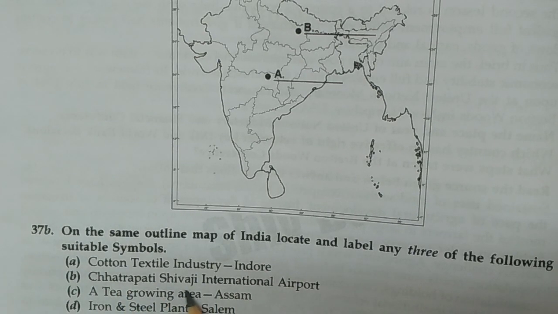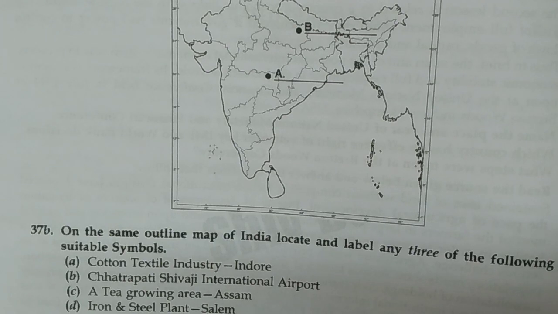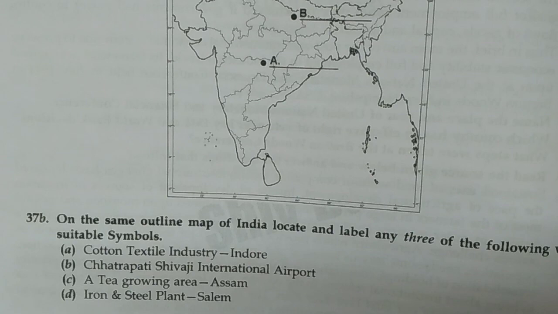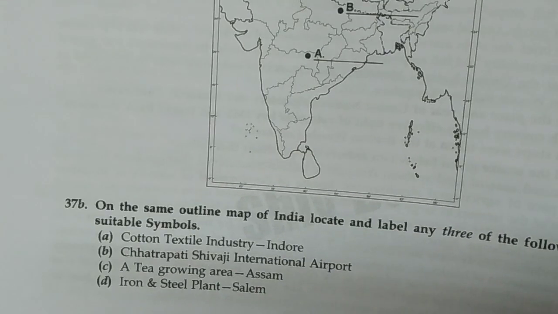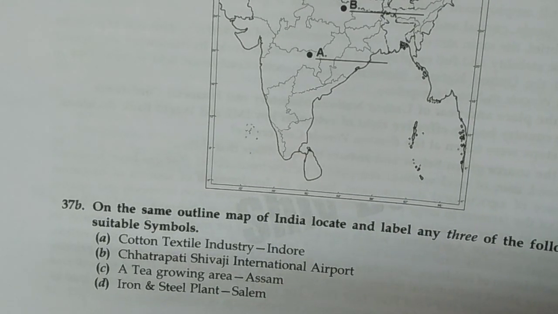B, Chhatrapati Shivaji International Airport. C, a tea growing area, Assam. And fourth, iron and steel plant, Salem.